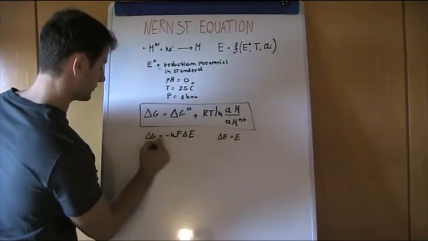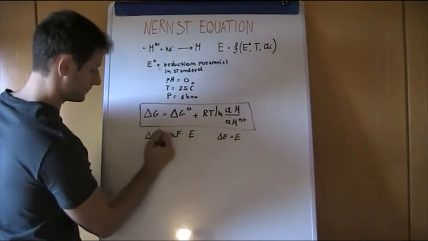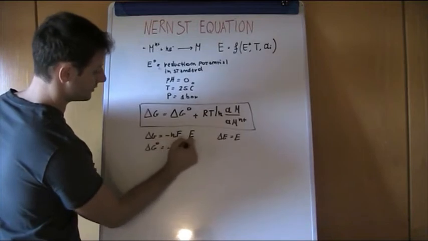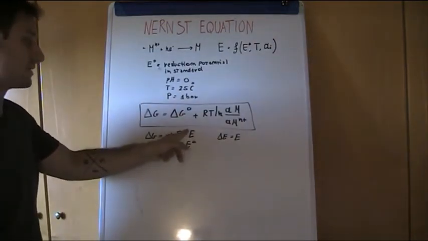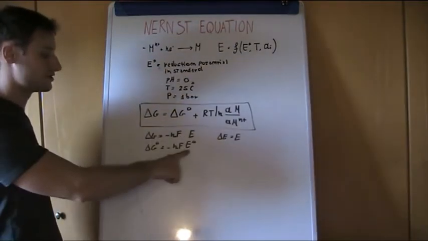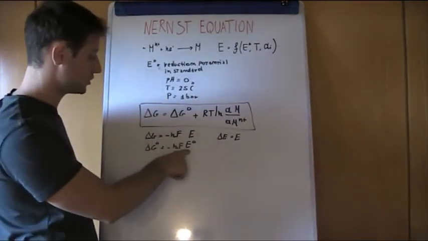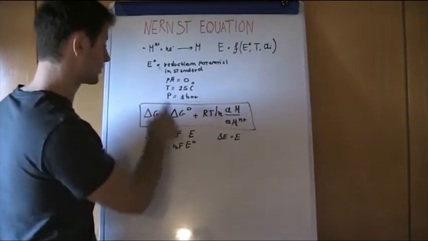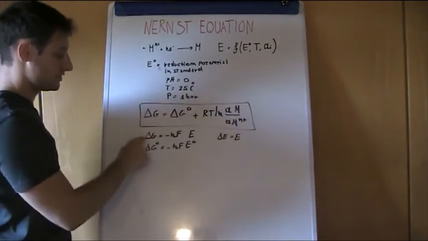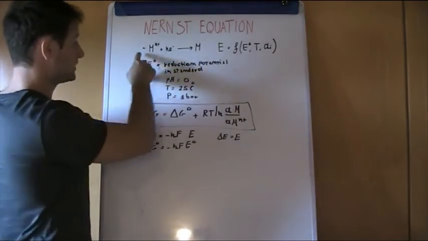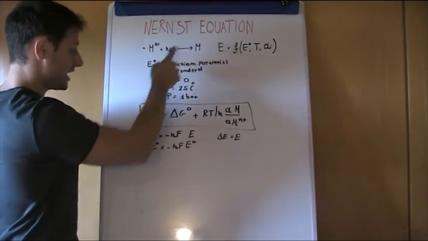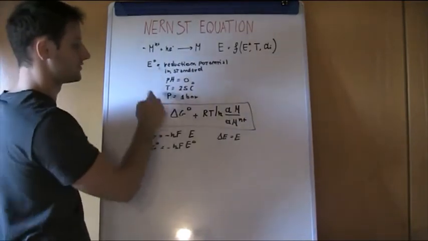And in general, we can say that this is equal to this one. So this is the reduction potential in open circuit conditions, and this is the reduction potential in open circuit conditions, but also in standard condition. This is the free energy, the variation of the free energy associated with this reaction development, and this is the same again in standard condition.